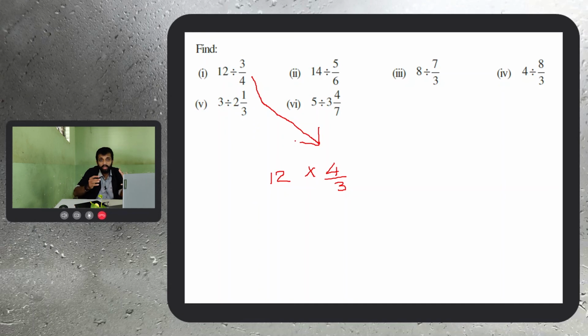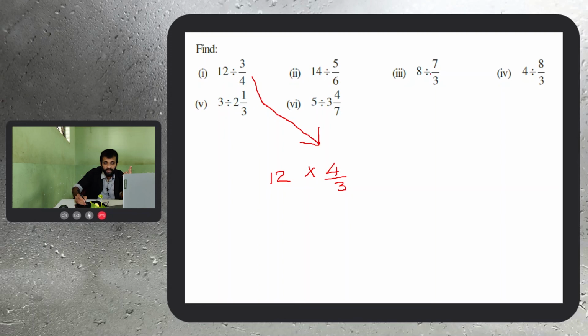That's the word to be used. I didn't tell you the word first because that's the reason. Whenever you are converting division into multiplication, I will change the sign and 3 upon 4 will become 4 upon 3. Same way, this division will be converted into multiplication and I have to write this fraction as 6 upon 5.